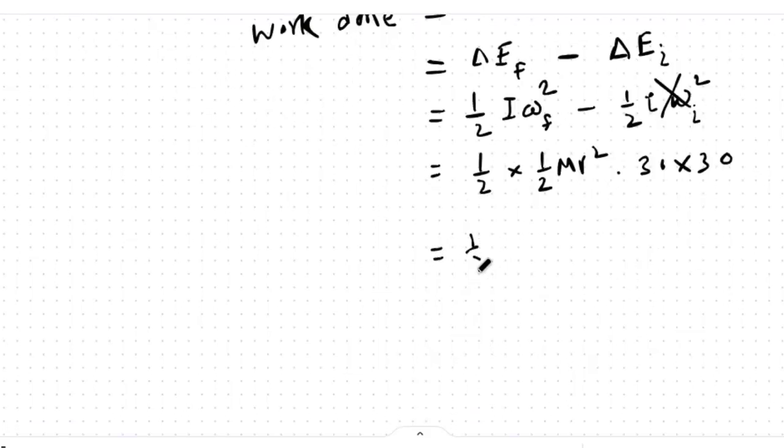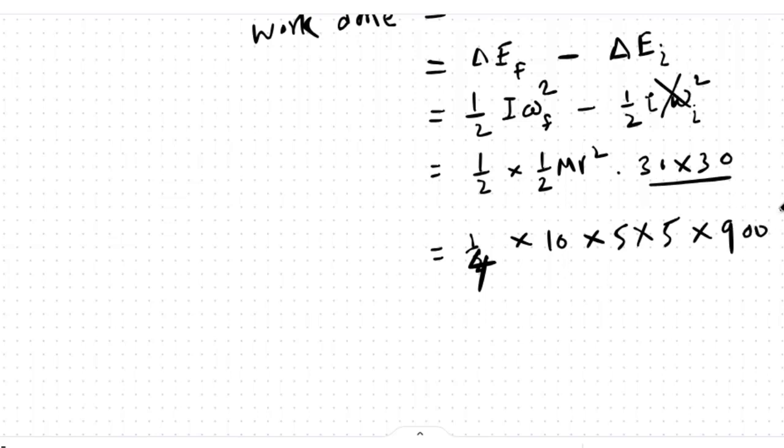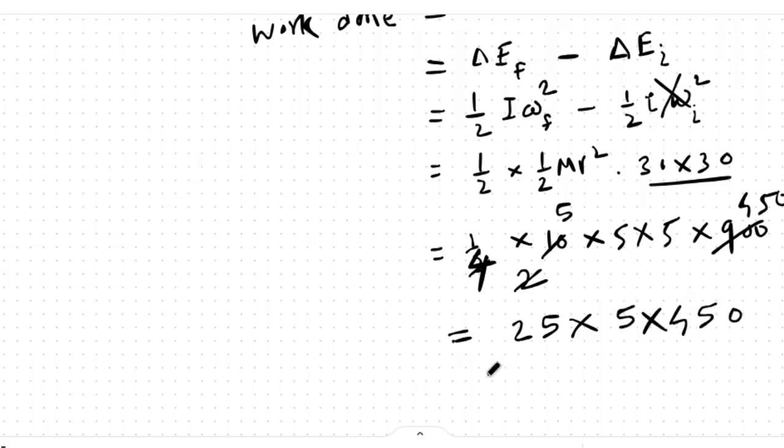We know that the mass is 10 kg, radius is 5 meter, and this is the angular velocity, 900. So let us solve this. It is going to be 25 into 5 into 450, which equals 5625 joules. That is the total work done.